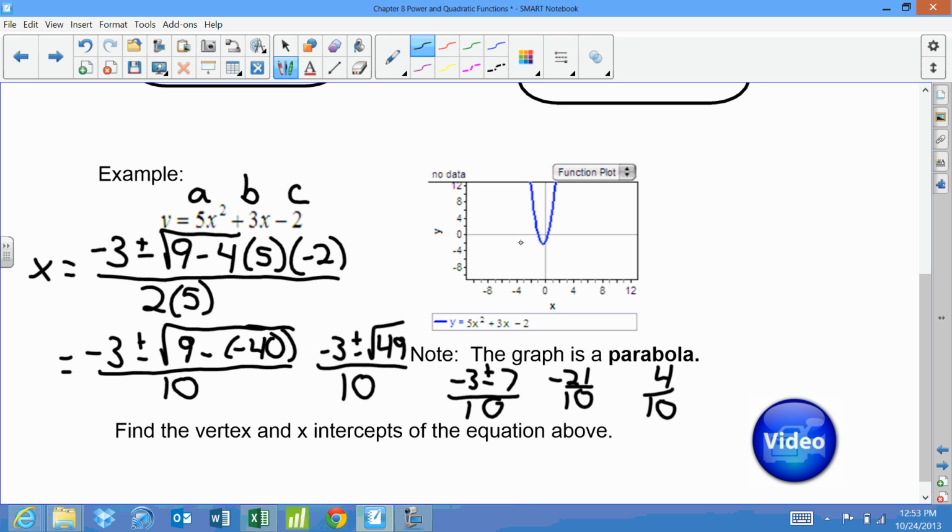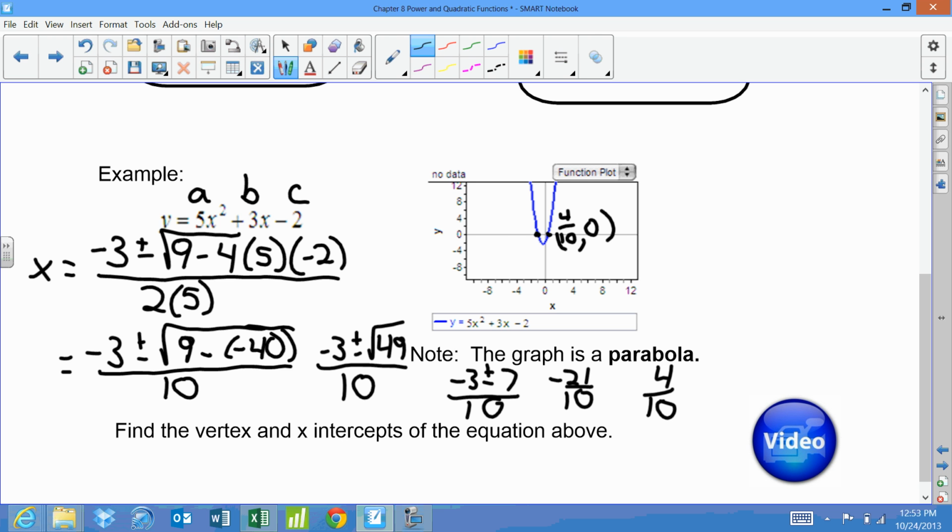And if you look at your graph, we're crossing over quite a bit shy of 1, probably close to 1/2. So we're crossing over about 0.4. That would be this point right here, if I can draw that in, the point 4/10, comma 0. That's one of our x-intercepts. Our other x-intercept is right here.